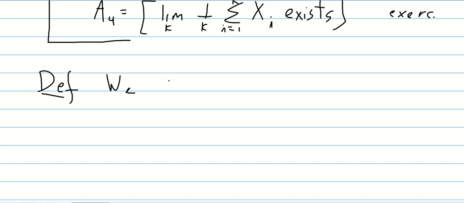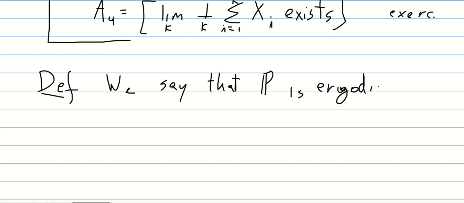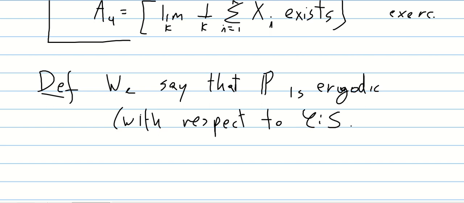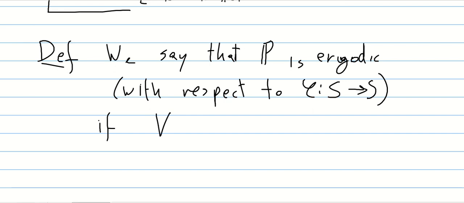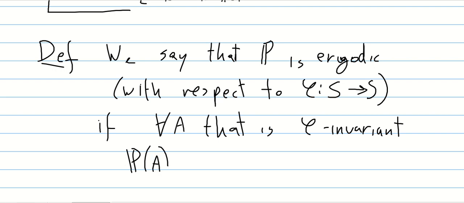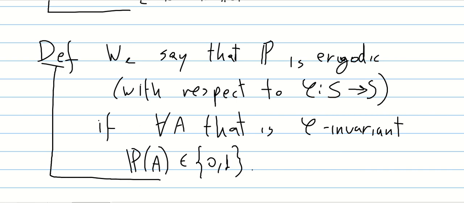So we say that P is ergodic, with respect to phi, which goes from the space where P is defined to itself, if for every A that is phi invariant, the probability of A is either 0 or 1. So this is just the definition.